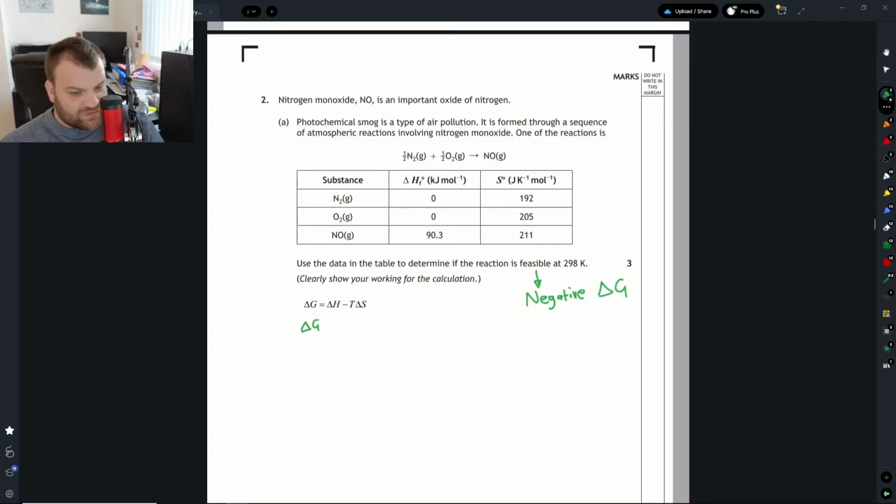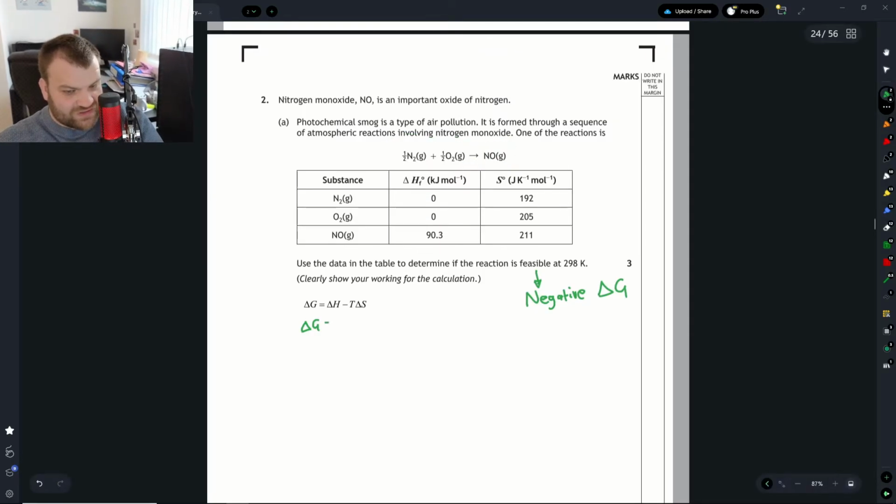To get your overall change in enthalpy, the delta H, we are using our products take away our reactants. Both the reactants, they say, is 0, so we can ignore them. That means our delta H is going to be 90.3.